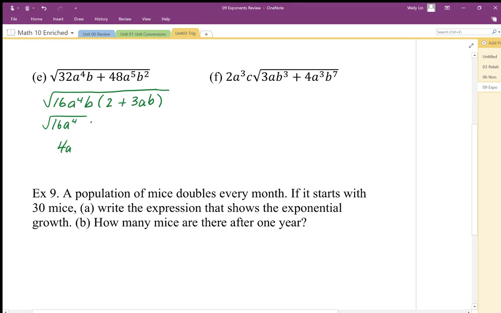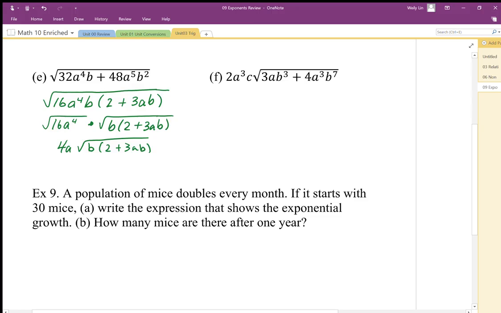So I'll pull the perfect square out of there, and it's going to be b^2 plus 3ab. And so that can be square rooted. This can't, so it's going to be left as b times the square root of 2 plus 3ab.